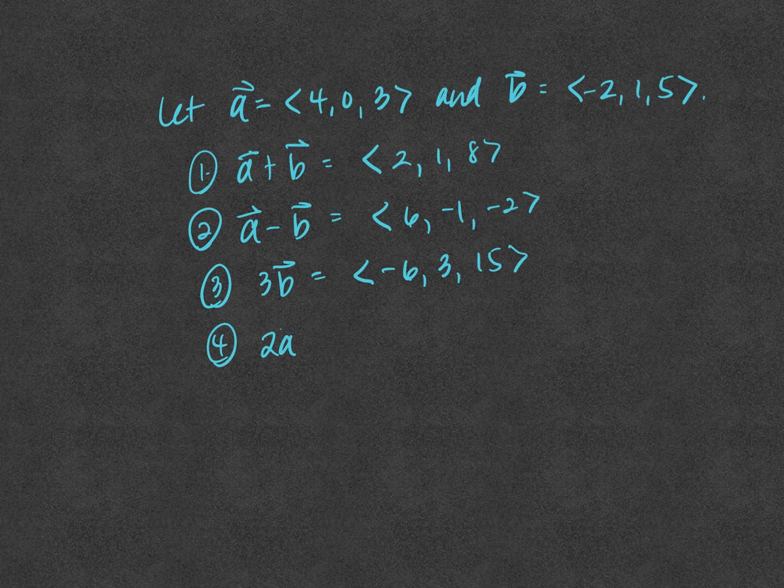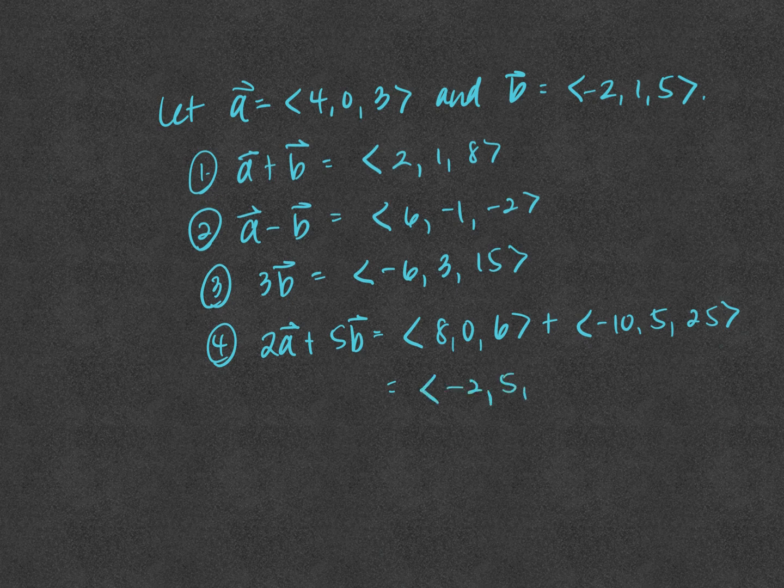So we're going to say 2 times vector A plus 5 times vector B. I find that it's too many numbers in my head to do it all at the same time, so I'm going to multiply by the scalar first. 2 times A is 8, 0, 6, plus 5 times vector B is negative 10, 5, 25. So now when we add them, 8 minus 10 is negative 2, 0 plus 5 is 5, and 6 plus 25 is 31.